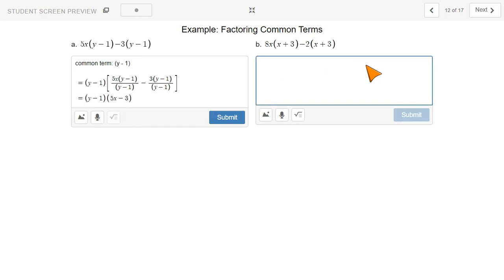Let's do the same thing here. We have a common term of x plus 3, but you'll also notice that inside our coefficients, we have a common number. Our common number is 2. So now our common factor altogether is 2 times x plus 3. So let's factor it. 2 times x plus 3.